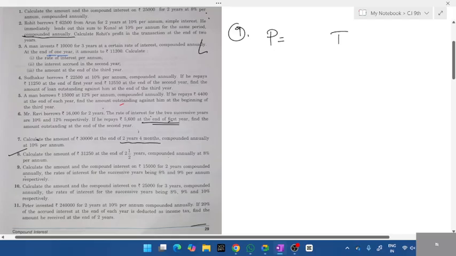Correct. Rate of interest is different. What is the rate of interest given? 8% and 9%. So for both the years, the rate is different.